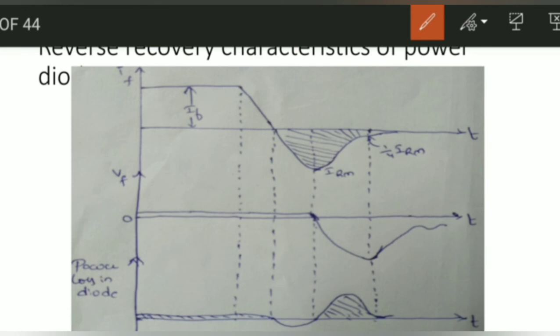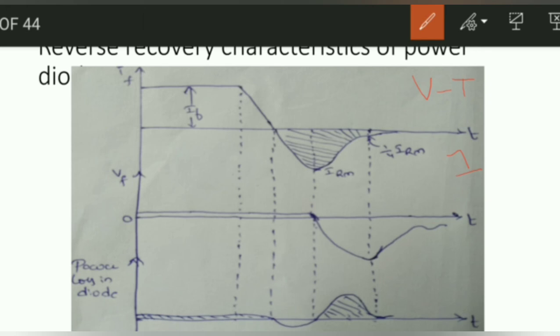This factor is a measure of the voltage transients that occur during the time the diode recovers. Whenever it is recovering, the transients that occur are measured by the softness factor. Its usual value is 1, and it indicates a low oscillatory reverse recovery process.